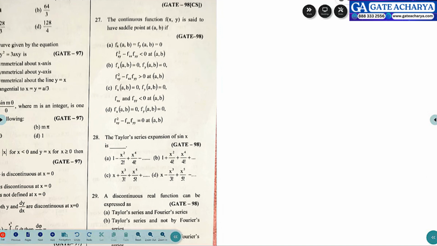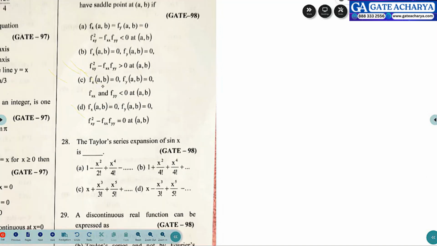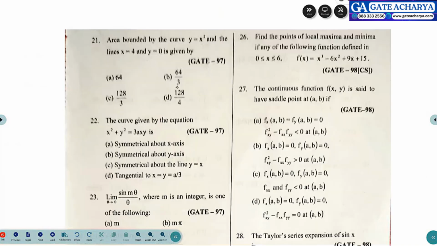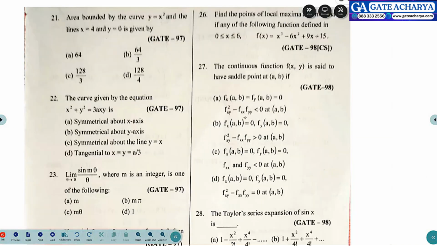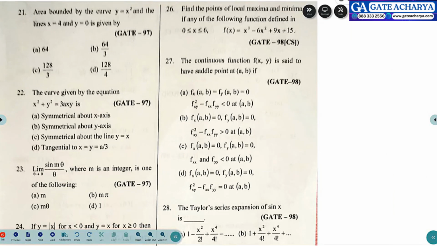Let me zoom in further. f suffix x at a comma b is equal to f suffix y at a comma b is 0. That is true, right?